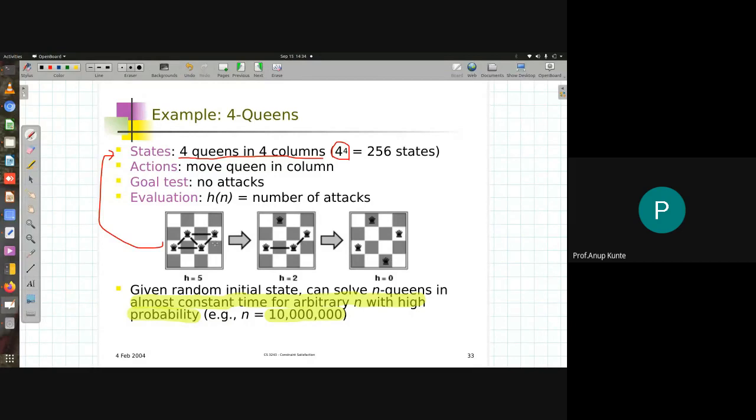But is it a valid placement of 4 queens on the board? No, it is not. What about this one? Is it a valid placement? It is a valid state for my definition, but not a valid board configuration because these two pairs are hitting each other.